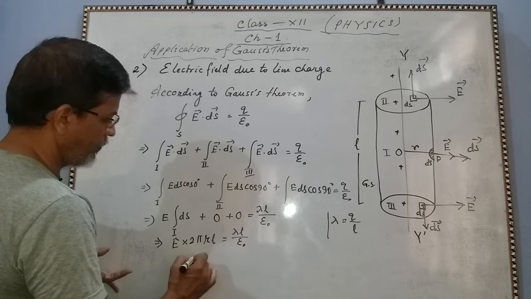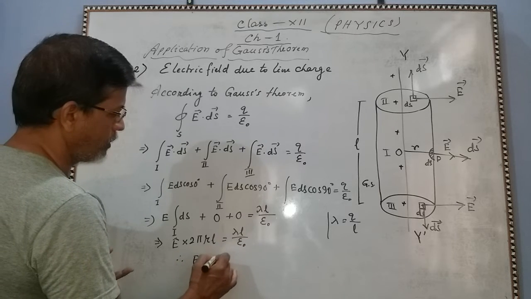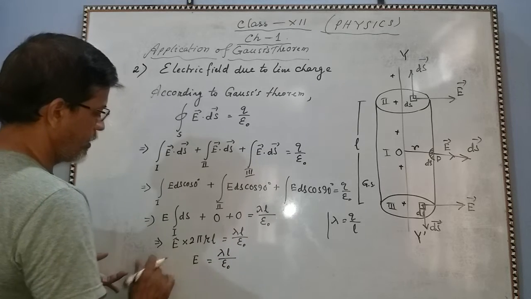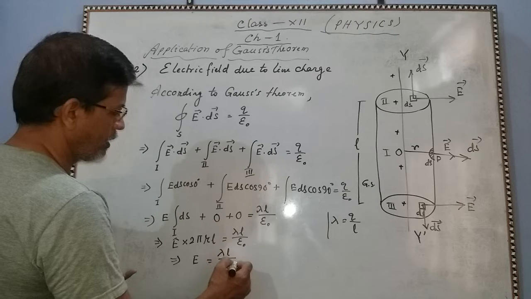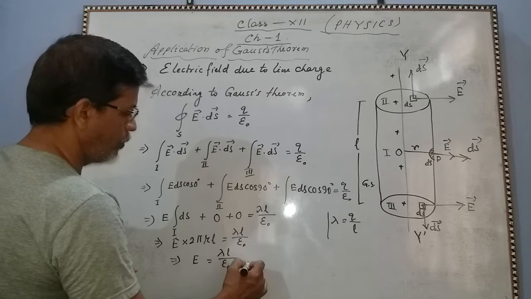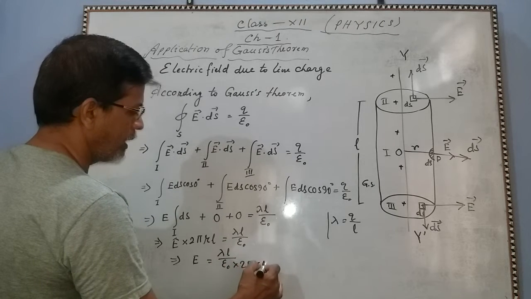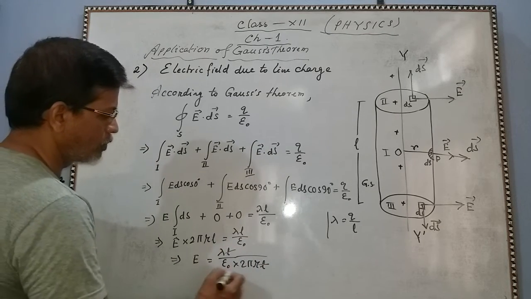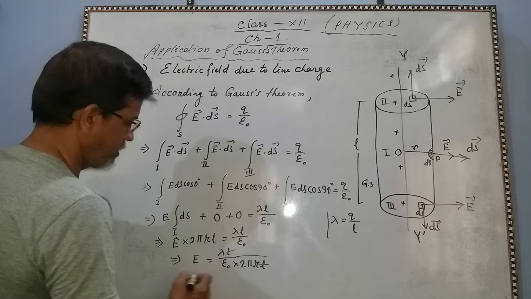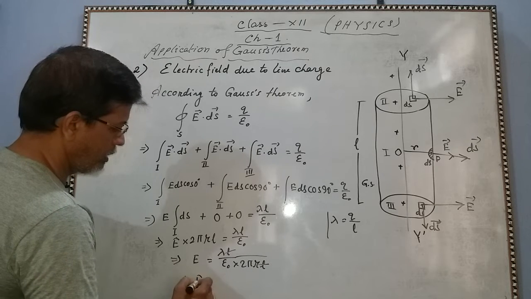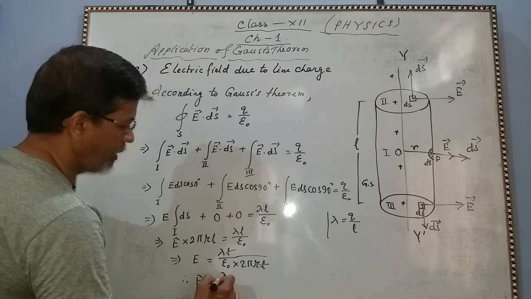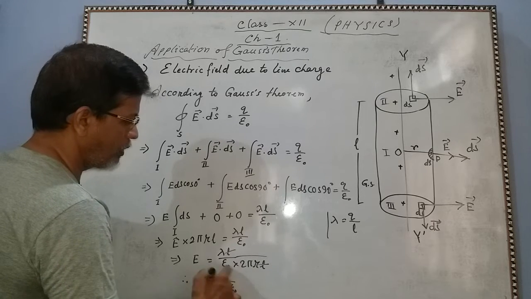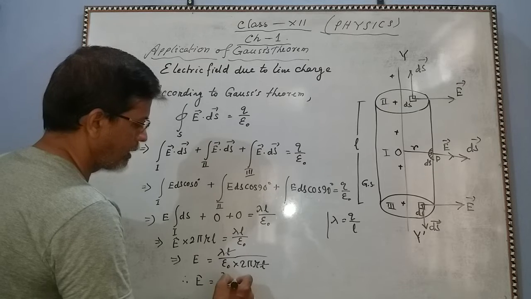So E equals lambda L by epsilon naught into 2 pi R L. L and L cancel, so it becomes lambda by 2 pi epsilon naught R.